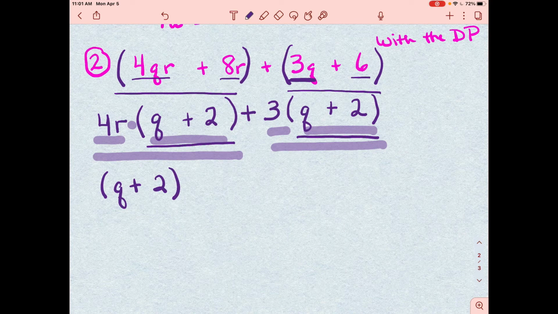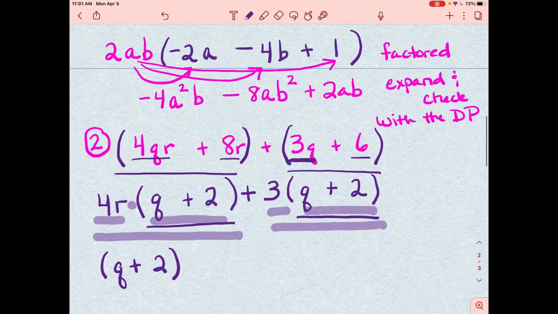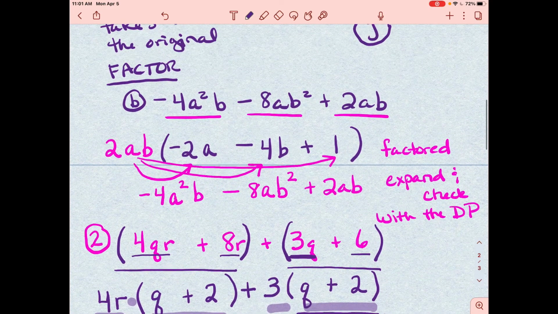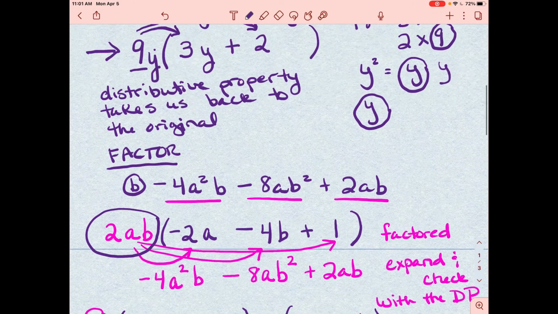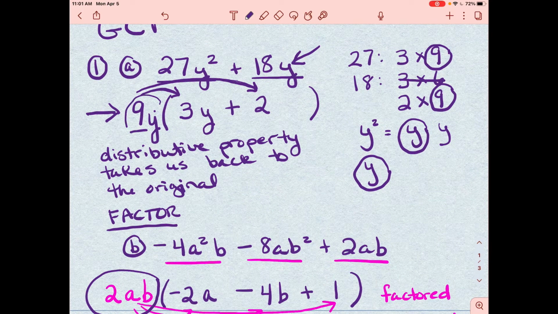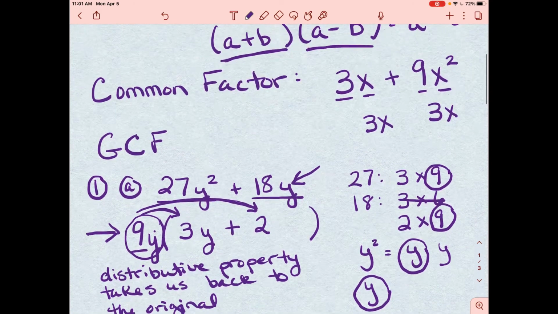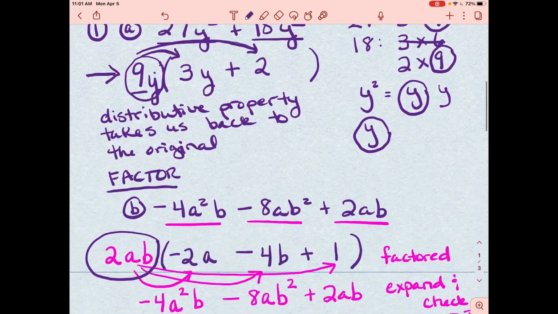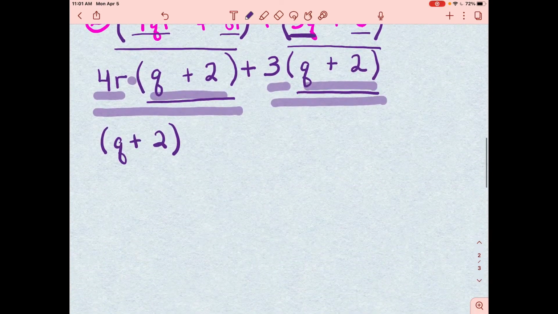If I put q plus 2 on the outside, this is just like back here when I put the 2ab on the outside, or when I put the 9y on the outside here, or did I do another one? Maybe those are the only 2 I've done so far. Q plus 2 is a common factor here, and so q plus 2 can get factored out. Well, what's left on the inside of my parentheses after I factored out the q plus 2?